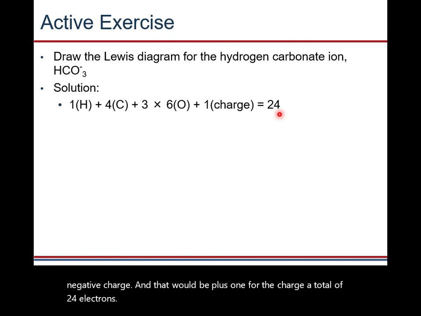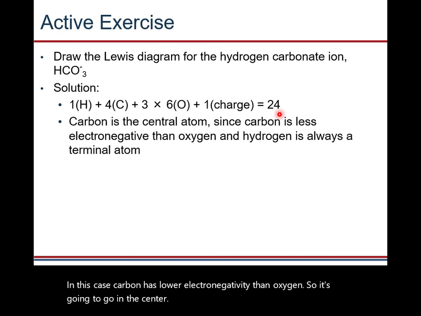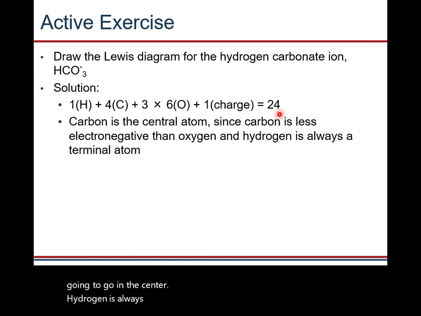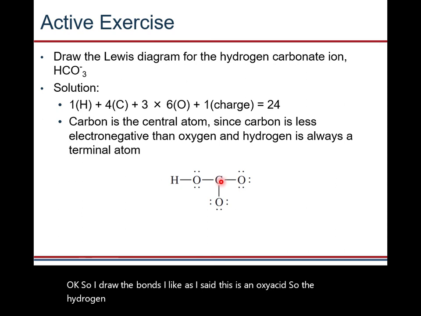In this case, carbon has lower electronegativity than oxygen, so it's going to go in the center. Hydrogen is always an outer atom, so we write a tentative structure as such. Okay, so I draw the bonds. As I said, this is an oxyacid, so the hydrogen is attached to oxygen.